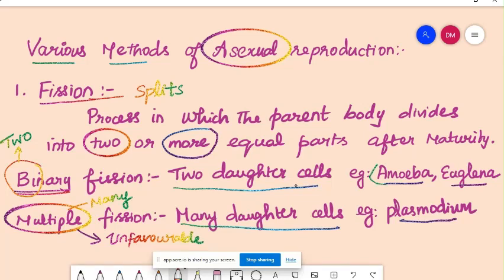Even this amoeba, which undergoes binary fission under normal condition, would undergo multiple fission when it is facing some unfavorable circumstances. Same is the case with many other organisms where multiple fission is a type of asexual reproduction which occurs during unfavorable condition. But in the case of plasmodium, it is a normal method of reproduction.